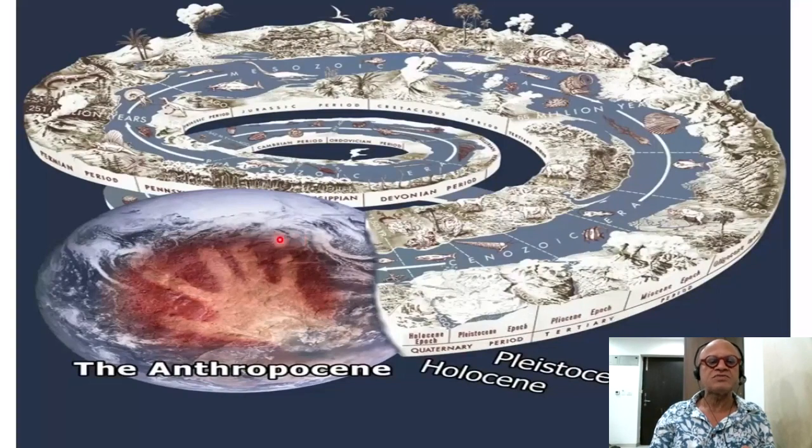I want to just start with this, which is another rendition from the Smithsonian, which shows evolution through time of various species 65 million years ago here, coming into the Cenozoic era.